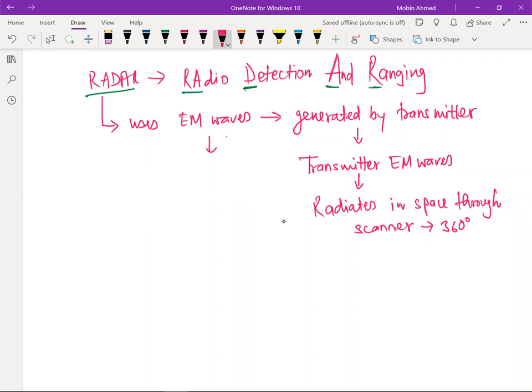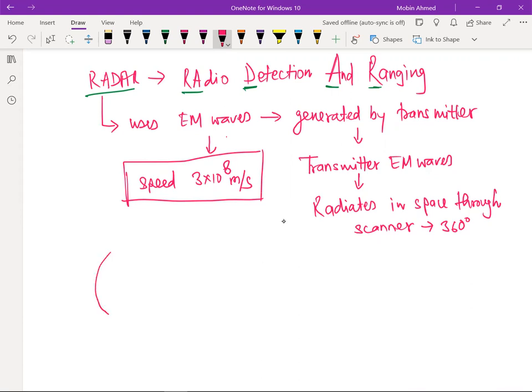Now the speed of EM waves, I have already given you the speed. It is going to travel at 3 into 10 to the power 8 meters per second. So it is going to travel at this speed. Now, when it is reaching the target, what happens?